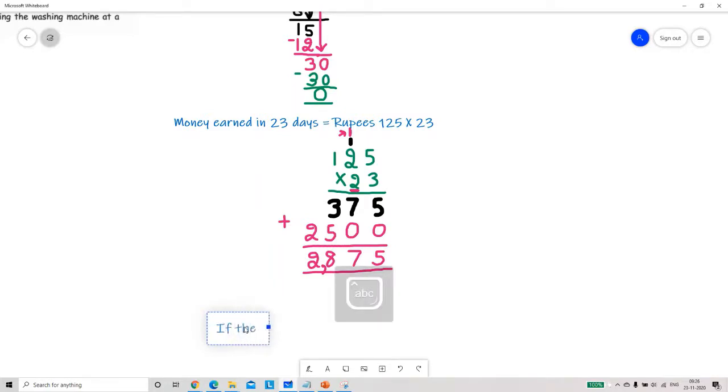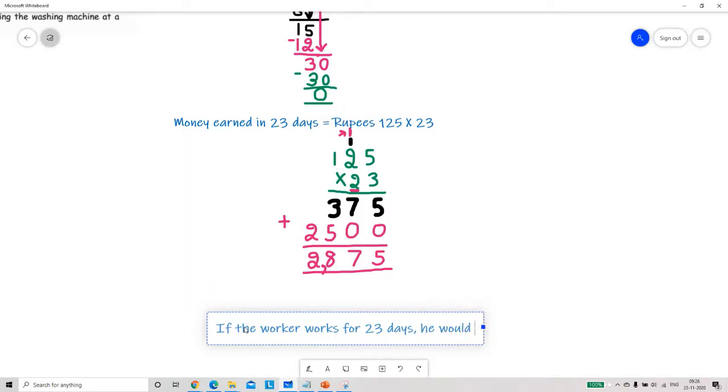If the worker works for 23 days, he would get how many rupees? He will get rupees 2,875.